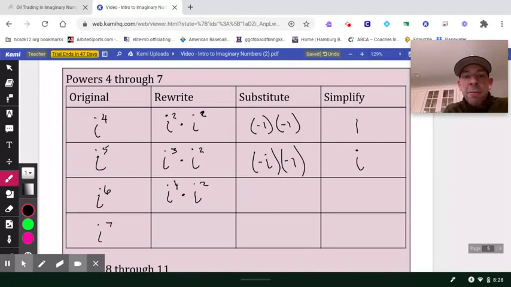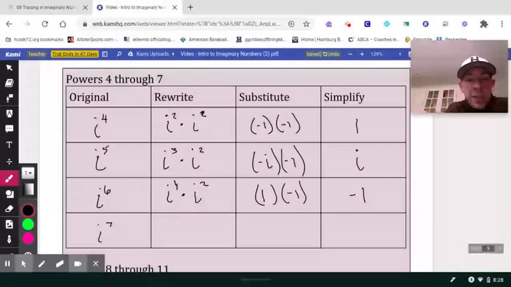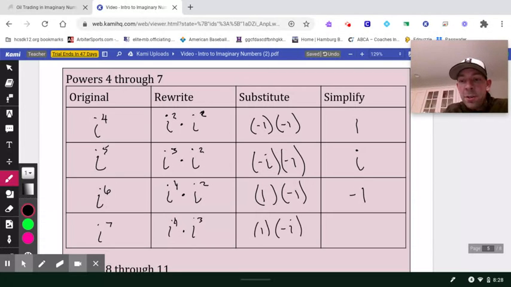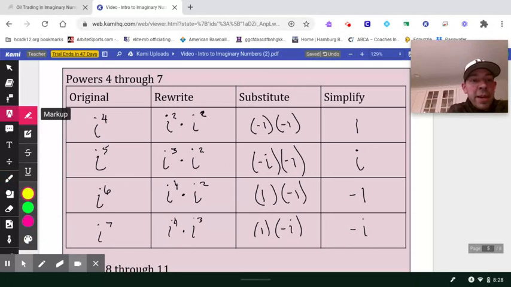But for me, i to the 4th is 1, and i squared is -1, and the product is -1. i to the 7th could be decomposed into i to the 4th and maybe i cubed. i to the 4th is 1, and i cubed is -i, so the product is -i. And I think you're seeing the exact same pattern that we saw earlier, right? It went 1 to i to -1 to -i.